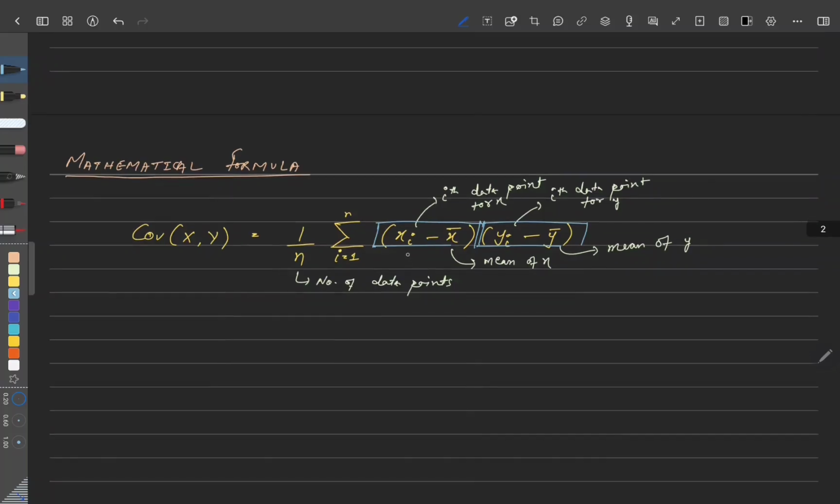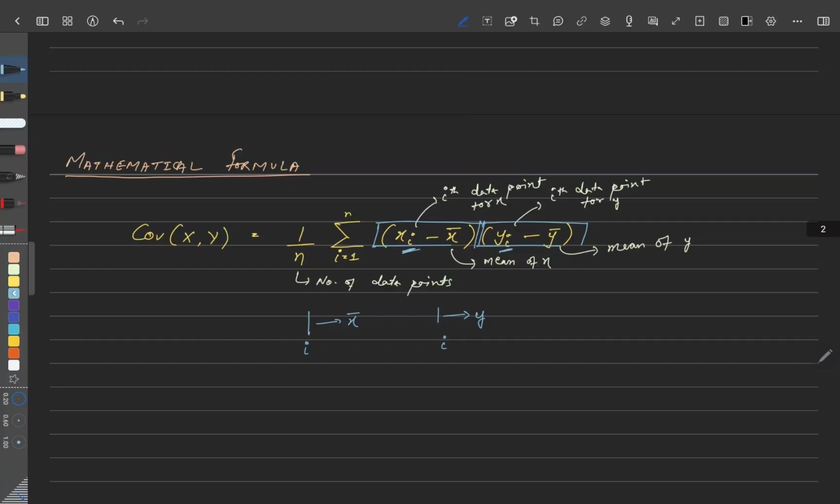Now note that we are multiplying the ith difference, which means that the corresponding x is this far from the mean of x, and the corresponding y is this far from the mean of y, the same ith value, same i.